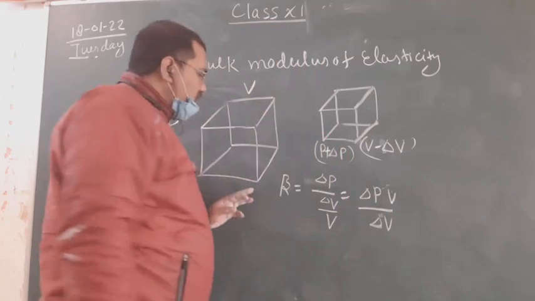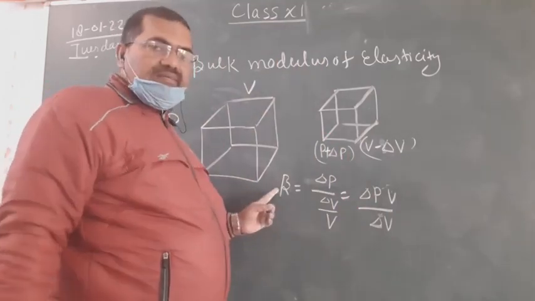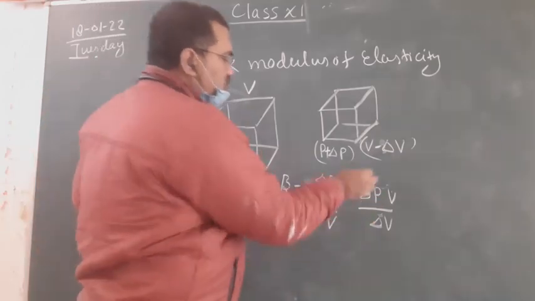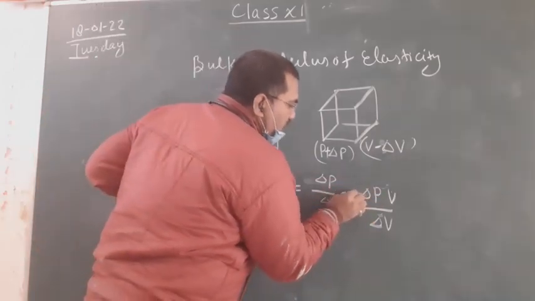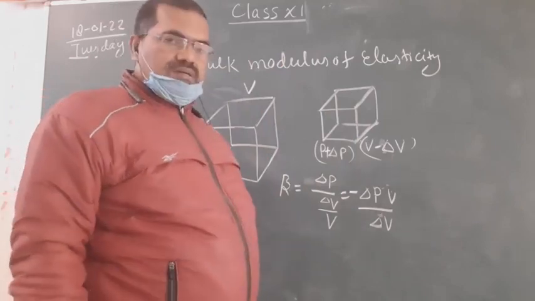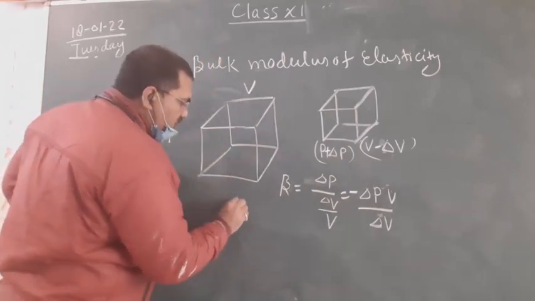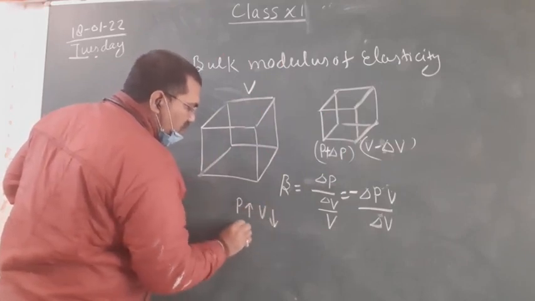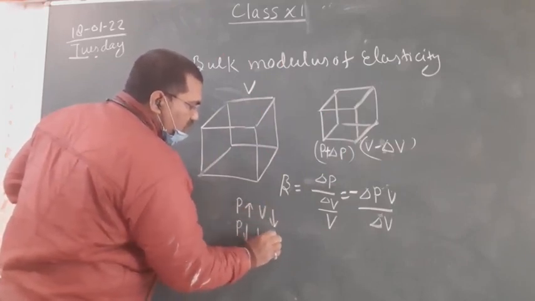Listen, beta is a physical quantity which is always taken as positive. So we should keep a minus sign on the right side, because as pressure increases, volume decreases, and as pressure decreases, volume increases.